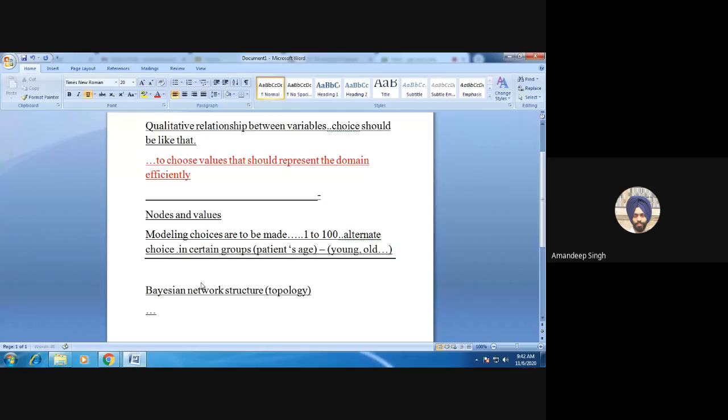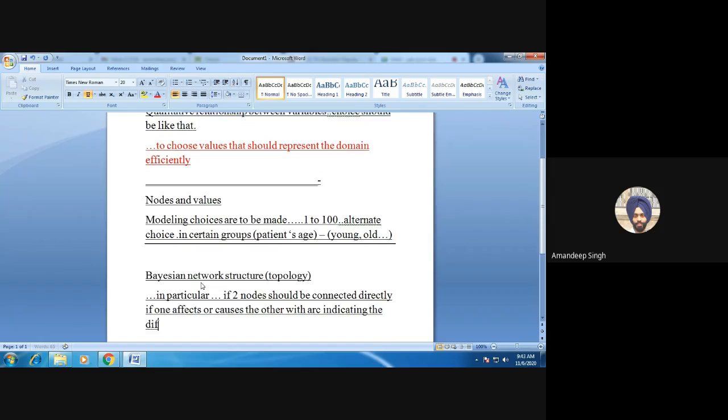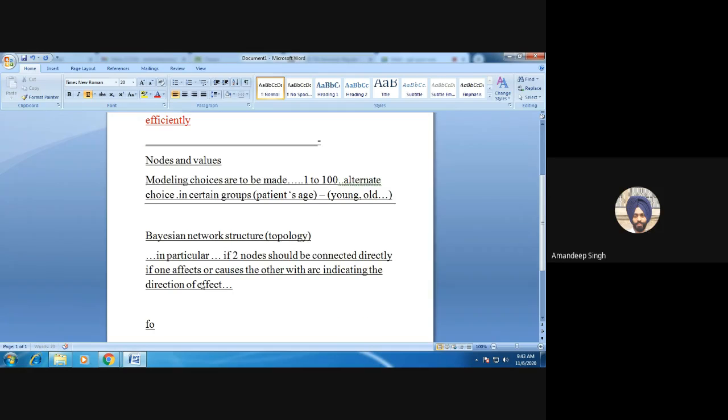That is how we design the Bayesian network.